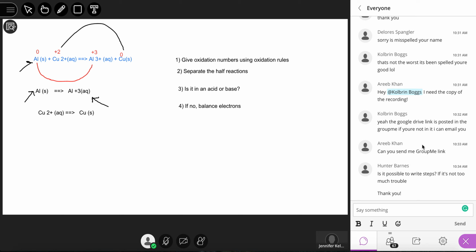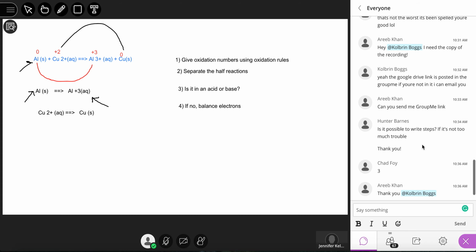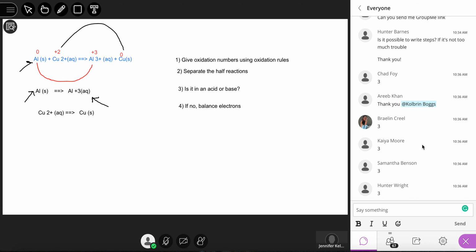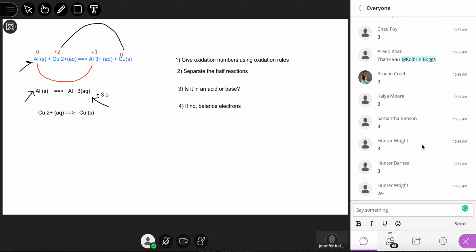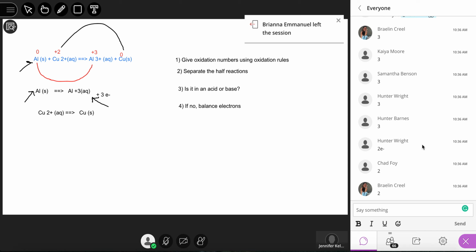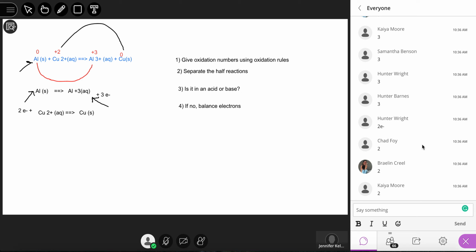So how many electrons would we have to add to make it neutral? 3 of them. All right. And then for the one below it, it's neutral on the side with copper solid, but it's got a charge on the side with copper 2+, a more positive charge. So we want to make both charges the same. So how many electrons do we add on the side with the copper? Good.